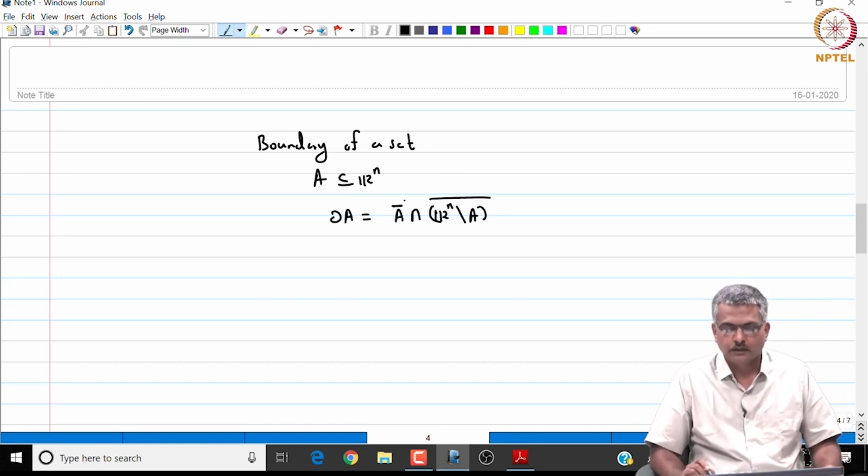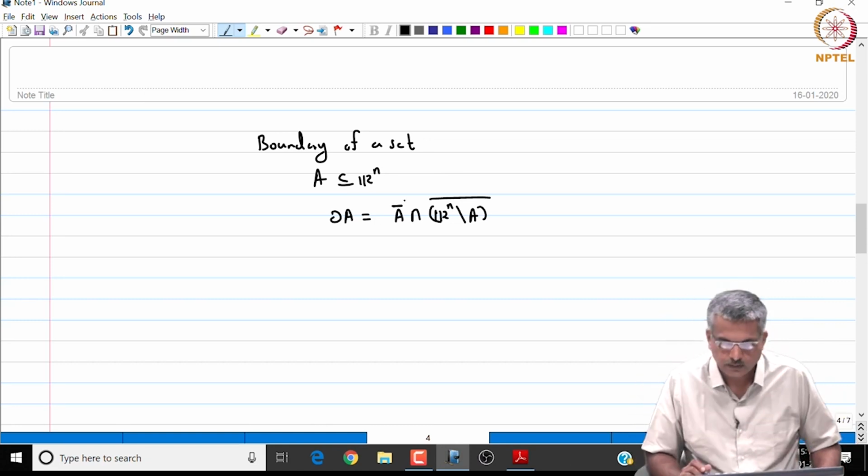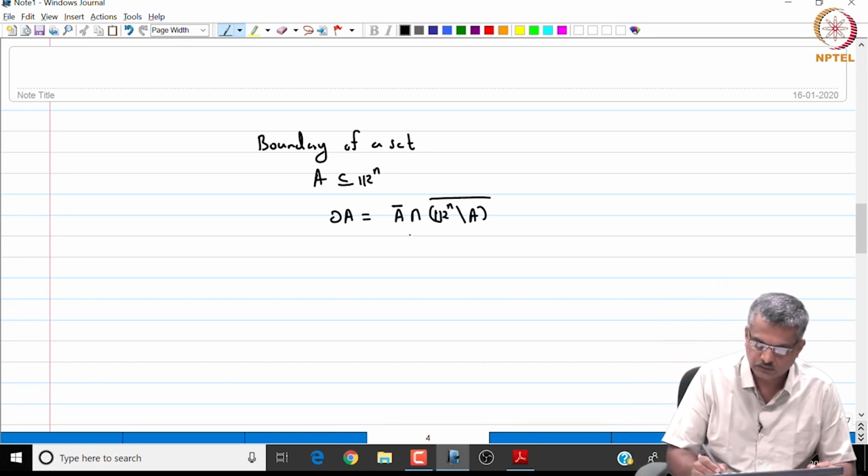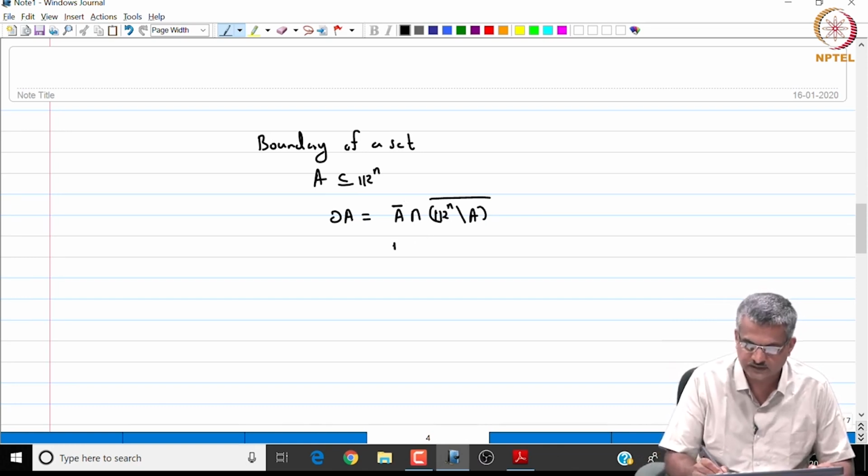This is how the boundary of a set is defined, and it is quite straightforward to see that it is a closed set because it is an intersection of closed sets.